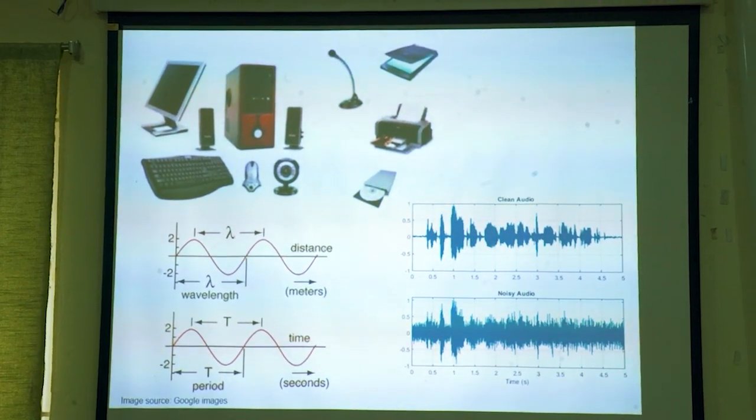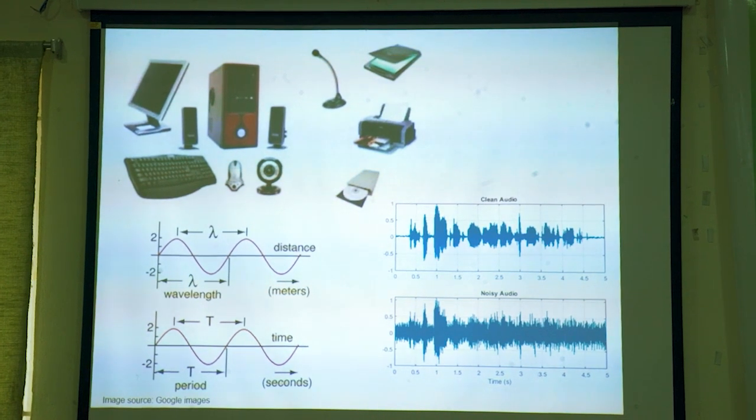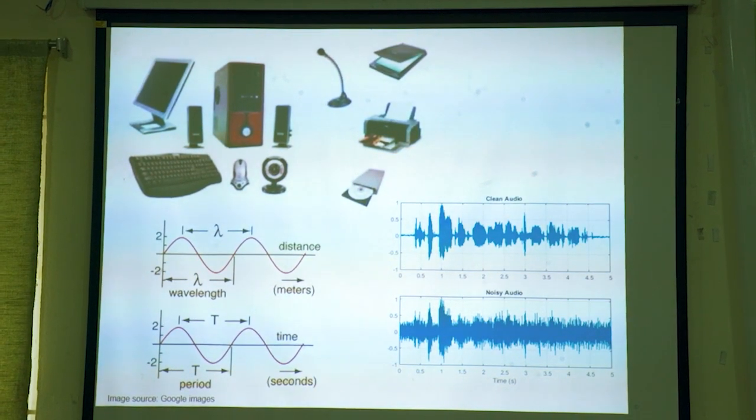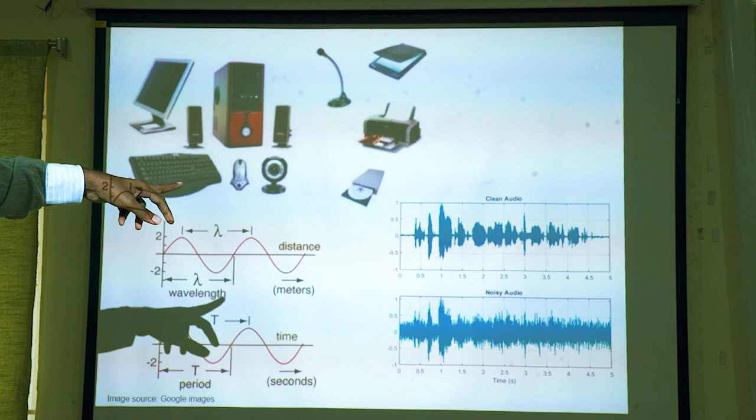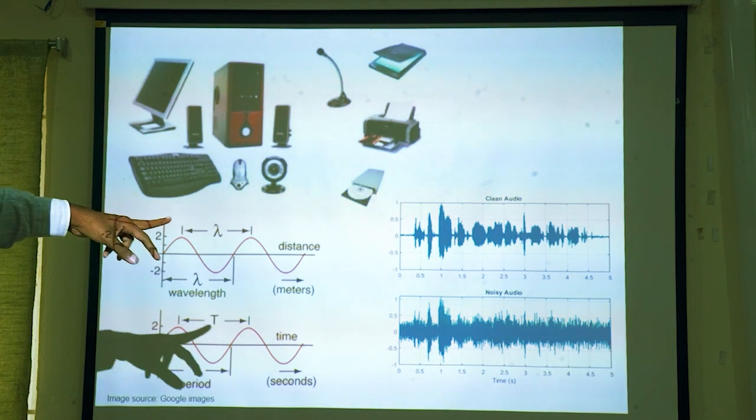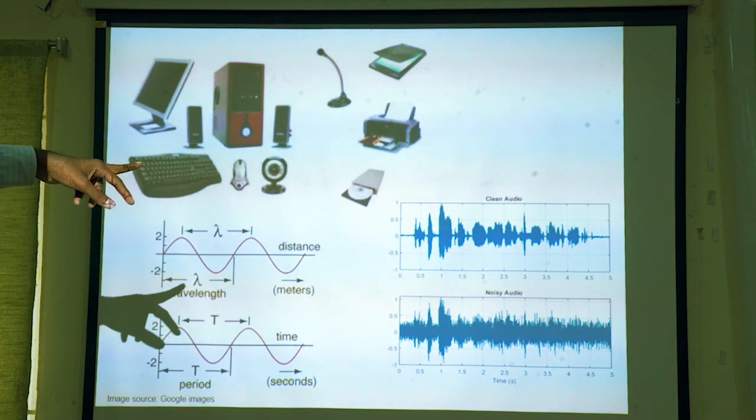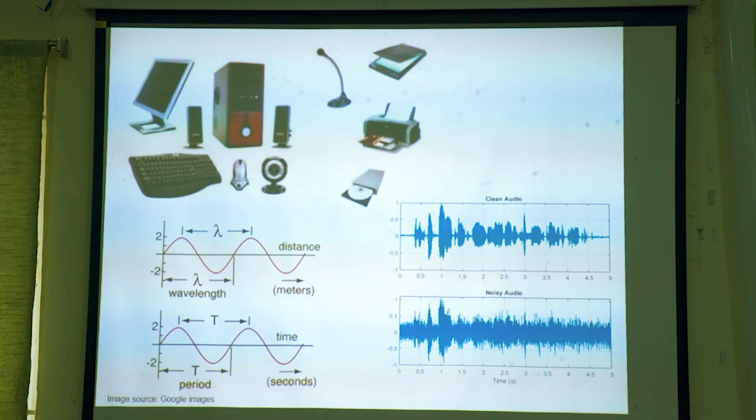Suppose all this audio, whatever I am speaking, currently if you take the signal in the time domain, you will get this kind of signal. This we call audio. But actually inside, there are some frequencies. How do you say there are frequencies? Suppose all of you closed your eyes and listened to me.